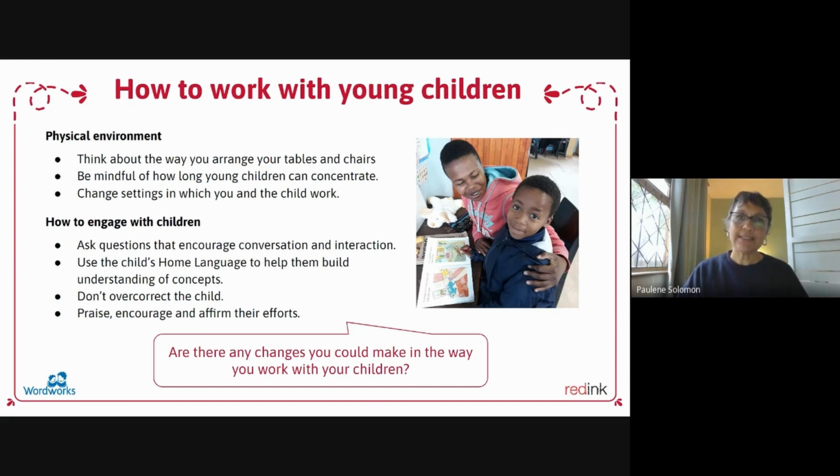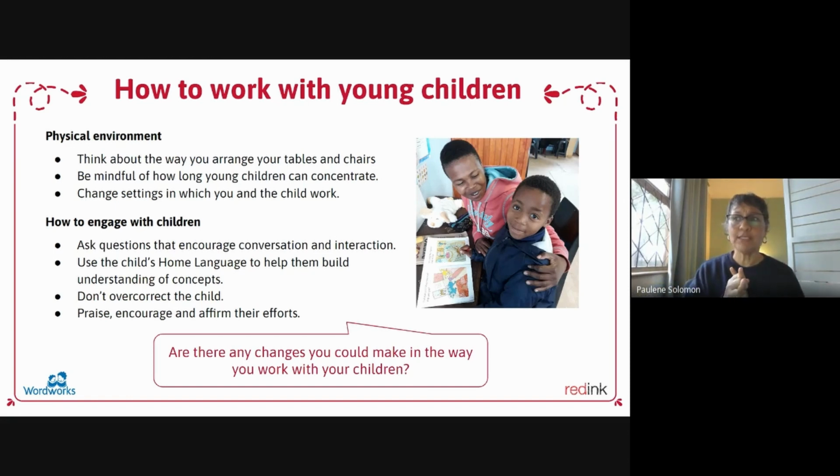Or can you create a little corner in the space that you've got that's a little bit cozier and comfortable, and maybe there are some mats and pillows there, and when it's story time, you can take them there. So think about how you can change your setting so that they're not only sitting at the table all the time with you. But remember, when they are writing, you want them to be on a firm surface, so the table is the best place to work on.